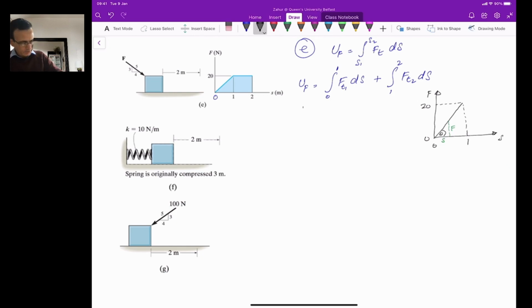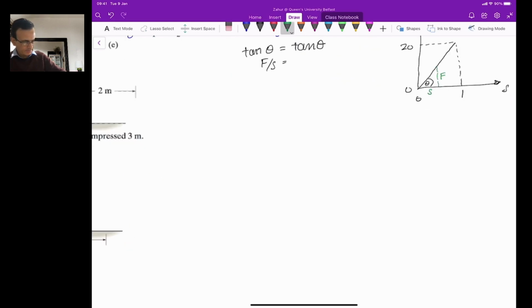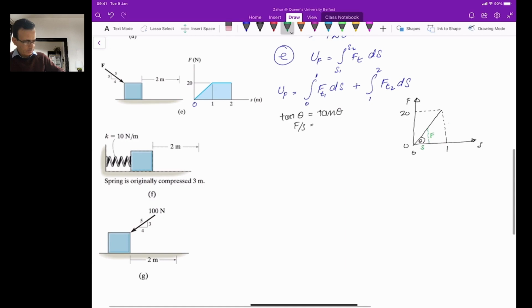So tangent theta equals tangent theta, and from here we can calculate this. We have two triangles here, one small triangle and one big triangle. For the small triangle we can write f divided by s, and for the big triangle this distance is 20, and from here to here is 1, so it will be 20 divided by 1.